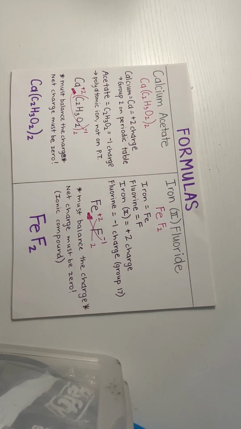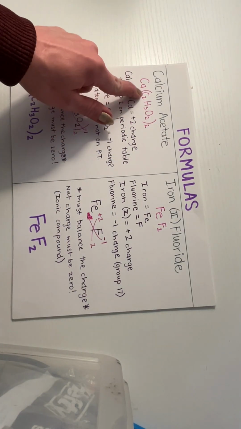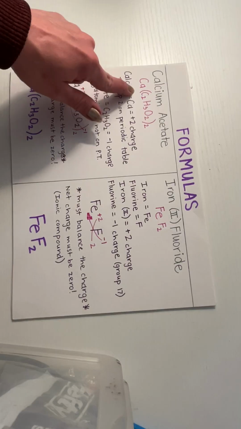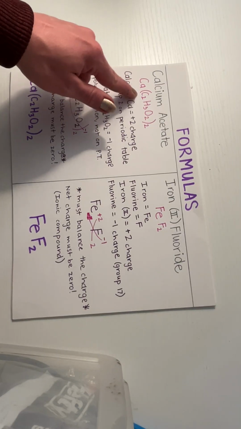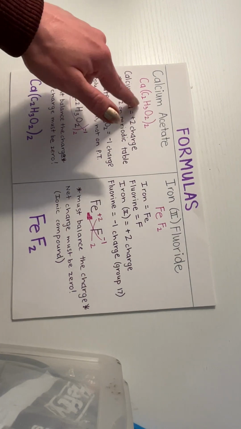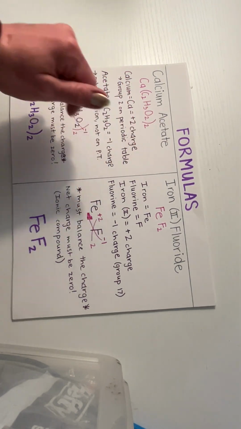And then it asked us what the formulas are and how we found the formulas. Calcium acetate and iron fluoride. So for calcium acetate, it is Ca, calcium, and then in parentheses, C2H3O2, and then in parentheses 2.